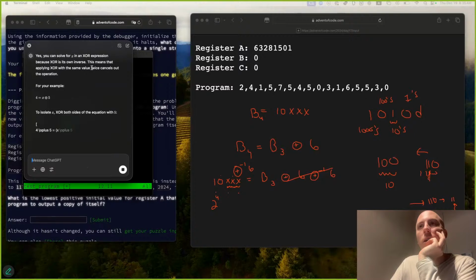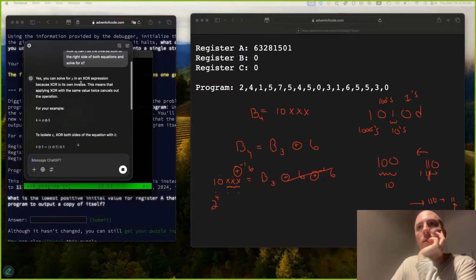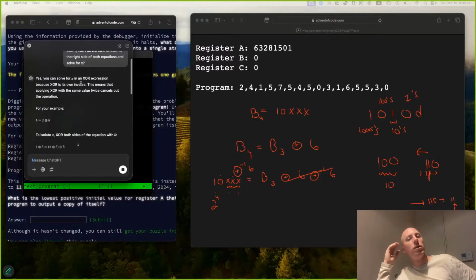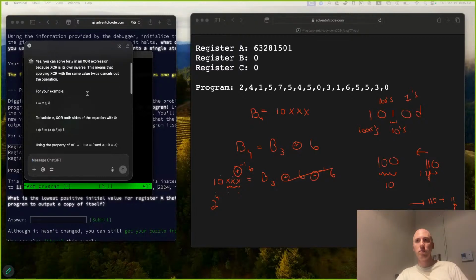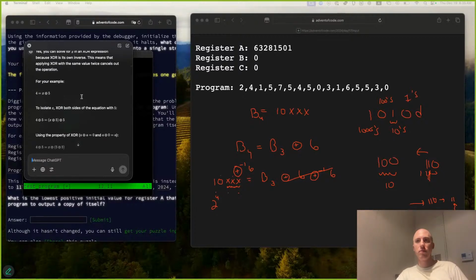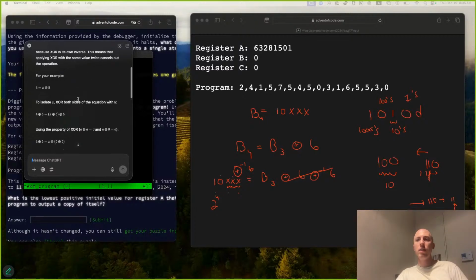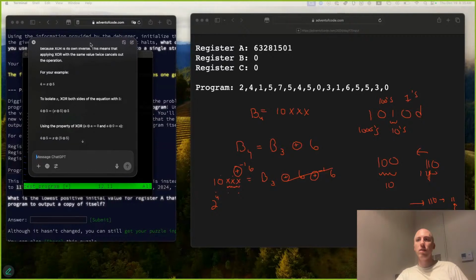Yes, you can solve for x. XOR is its own inverse. Oh, dang. Whoa. That's crazy. And XOR is commutative too. If you take x XOR y or y XOR x, it's the same thing.